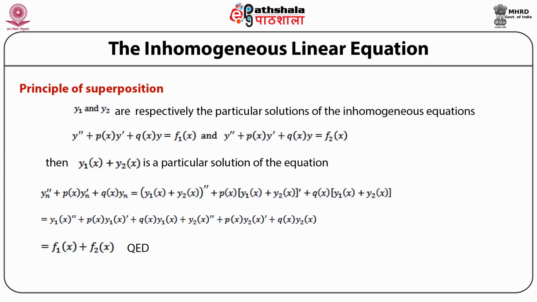This is equal to the double derivative of y1 of x plus px times the single derivative of y1 of x plus qx times y1x, plus the double derivative of y2x plus px times the single derivative of y2x plus qx times y2x.